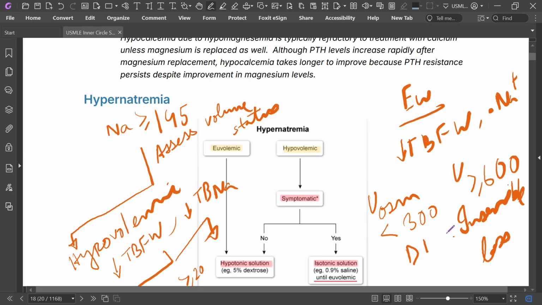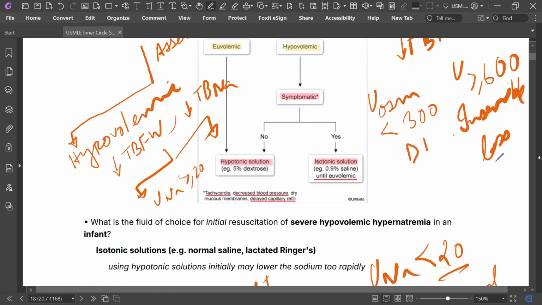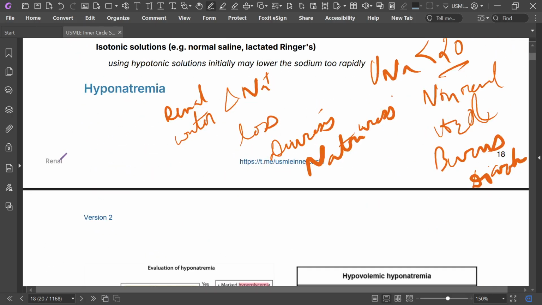And in hypervolemic hypernatremia, total body water is increased and total body sodium is also increased. It may be due to sodium gain, and here you need to do urinary sodium.